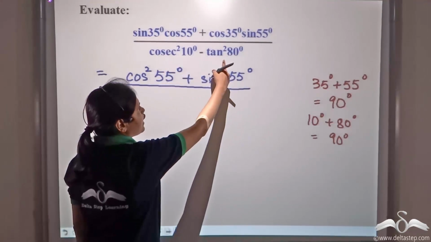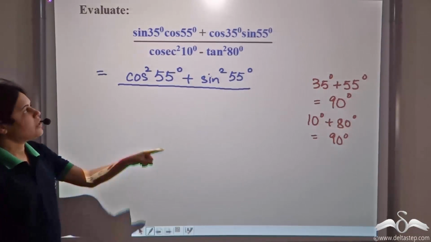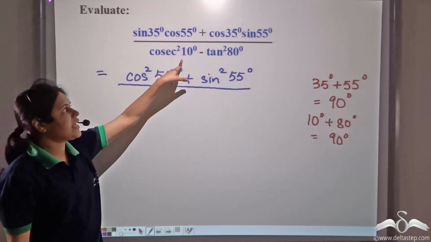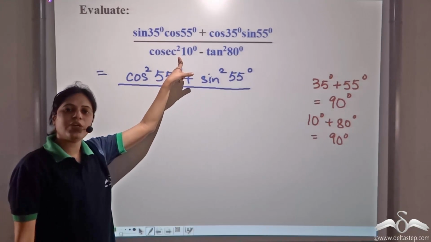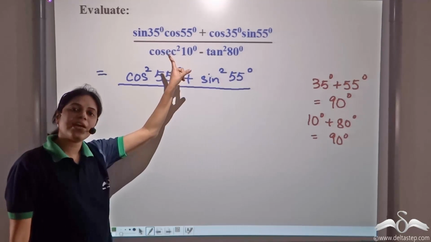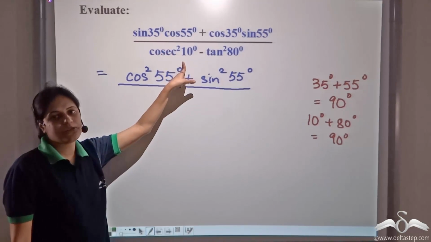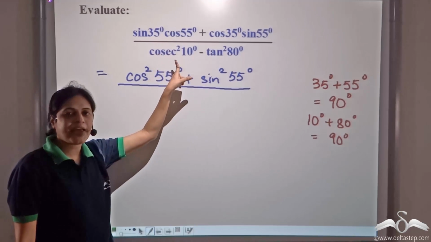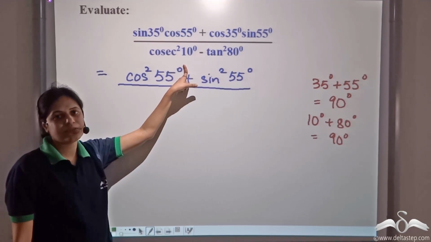Again cosec and tan. Now cosec 10 degree is equal to sec 80 degree because cosec and sec are complementary ratios and 10 and 80 are complementary angles.